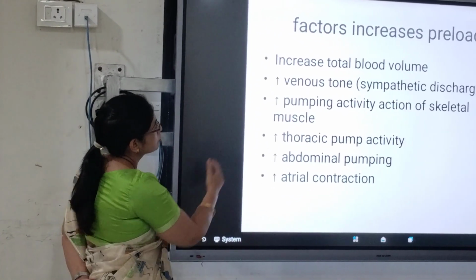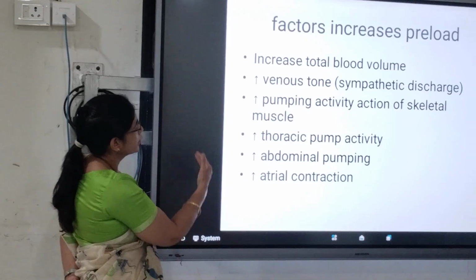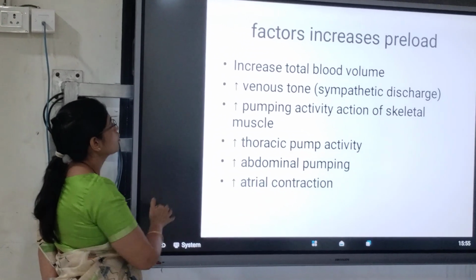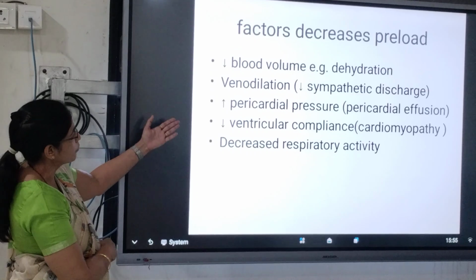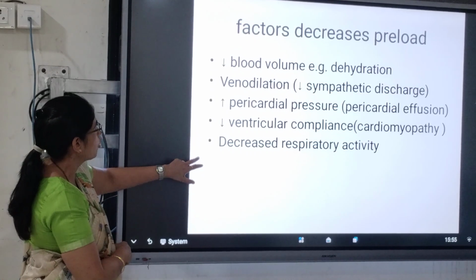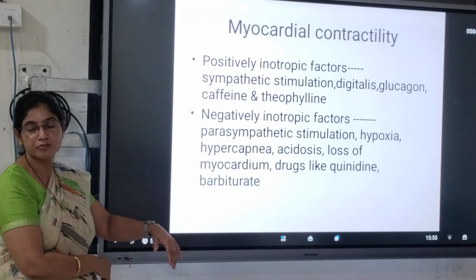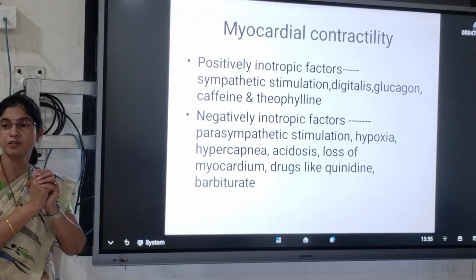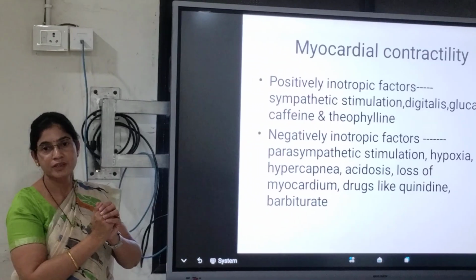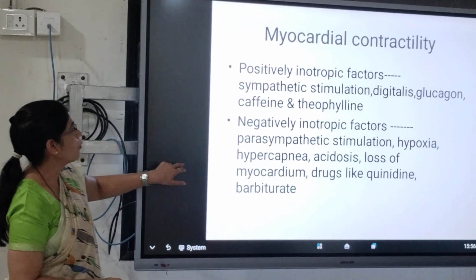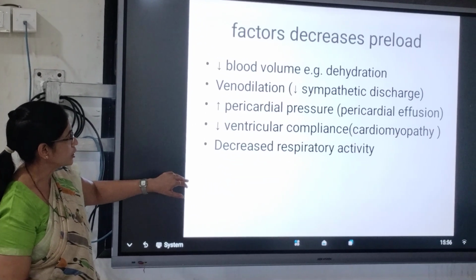Total blood volume, venous return, thoracic pump, pumping activity and atrial contraction matter; a decrease in preload will decrease the cardiac output and BP. Myocardial contractility, ventricular contractility, will also affect the blood pressure. So that is all about the regulation of the blood pressure.